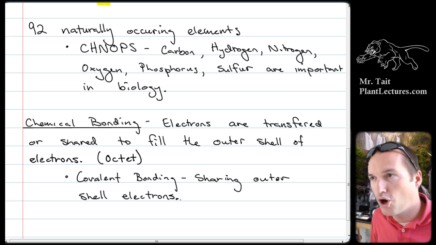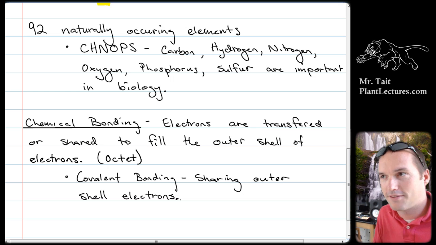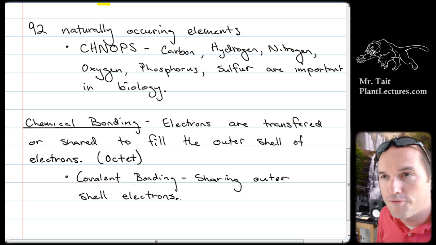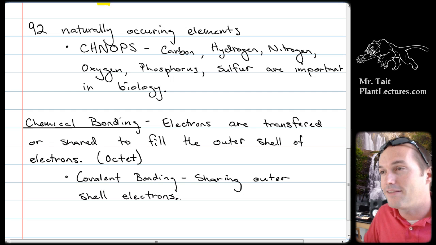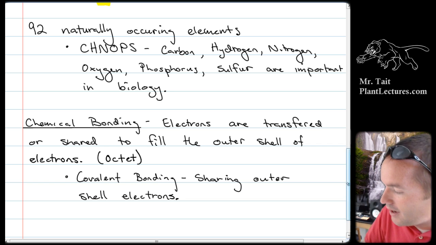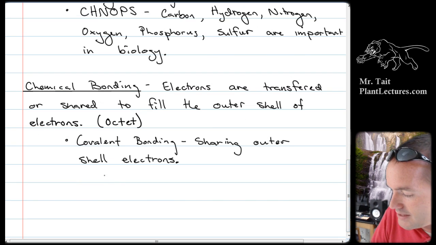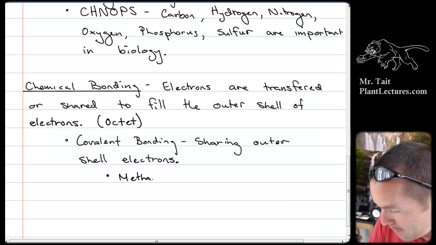Like if you cooperate with somebody, you share the operation with them. You're allowing both of you to be in that thing, right? Covalent means sharing valence electrons. That's all it means, right? So, a covalent compound, let's look at something like methane, for instance. Methane is CH4.